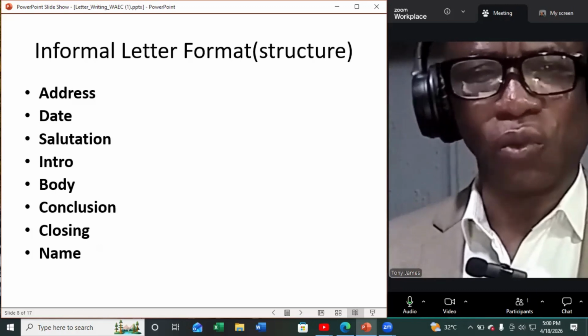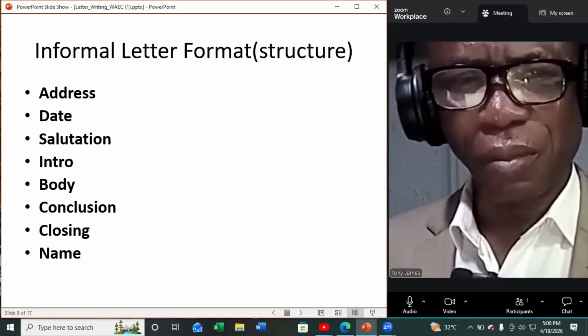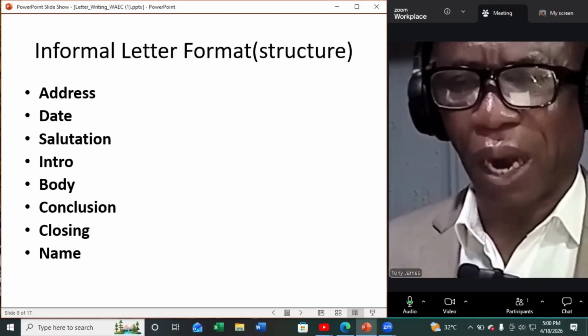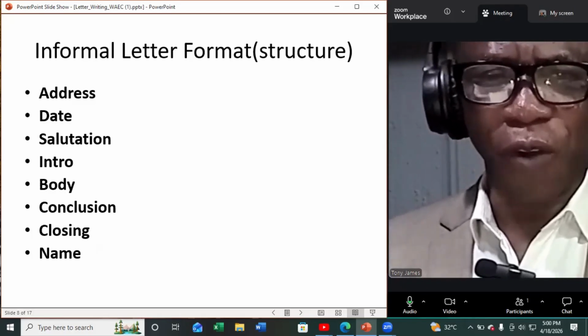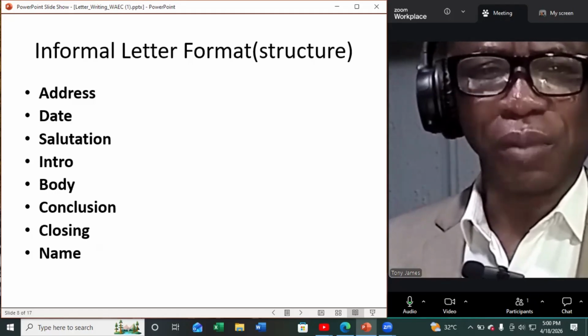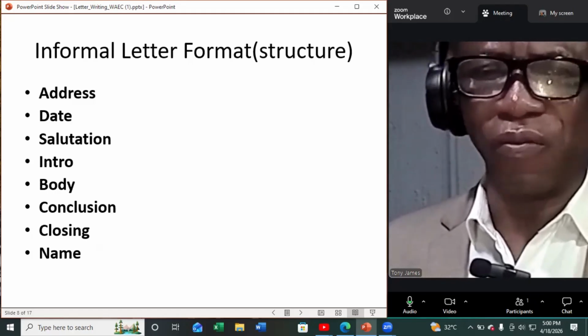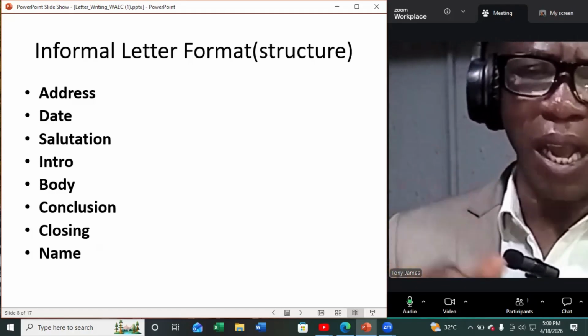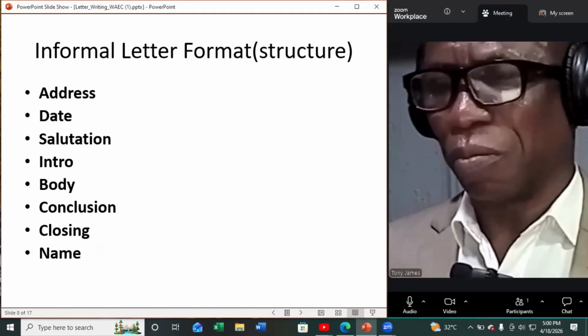After salutation, you go to introduction. And your introduction is going to be written in paragraph form. So the first line of your paragraph has to start with an indentation. That is, you leave a small space from the margin. So we are saying you have dear sir, the dear from the margin.